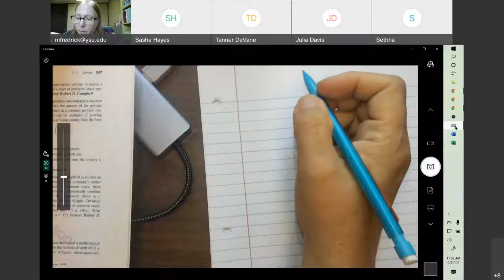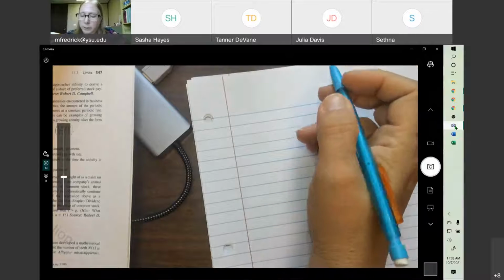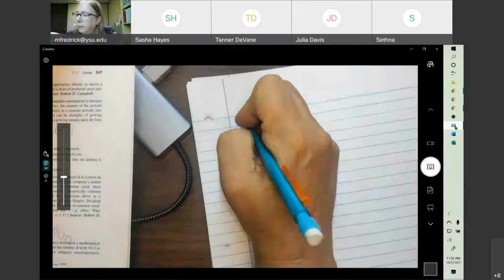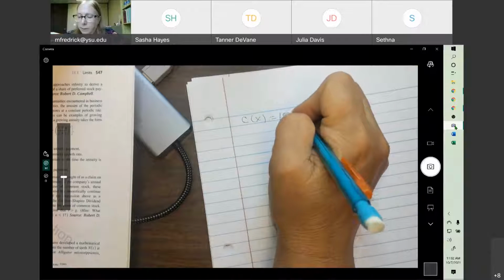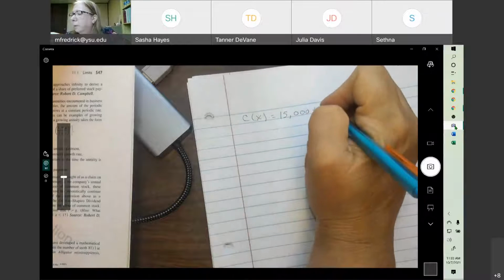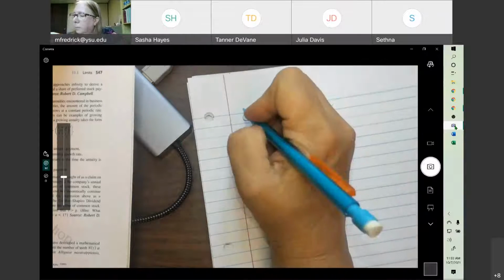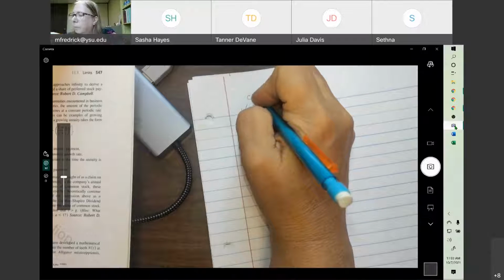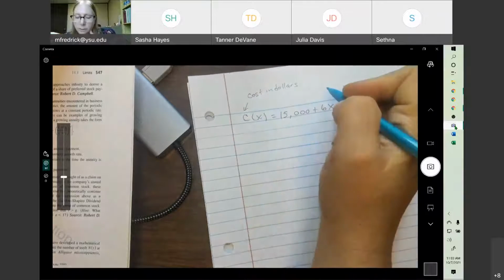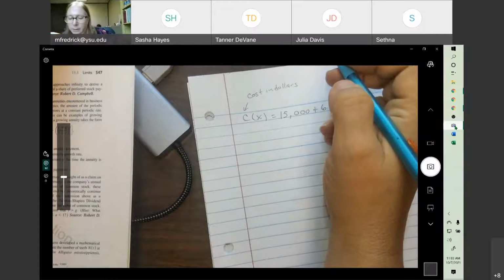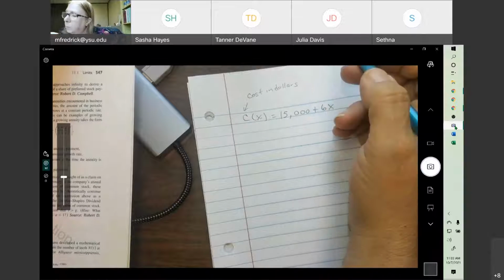The cost in dollars for manufacturing a particular DVD is C of X equals 15,000 plus 6X. So it's cost in dollars, and X is the number of DVDs produced.